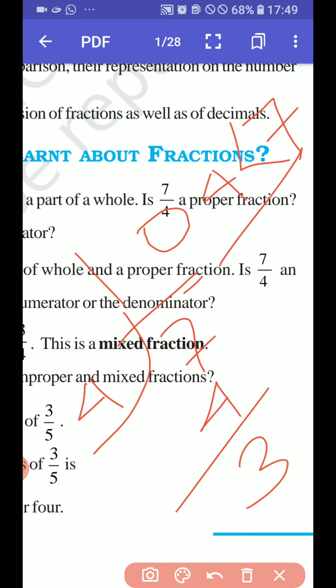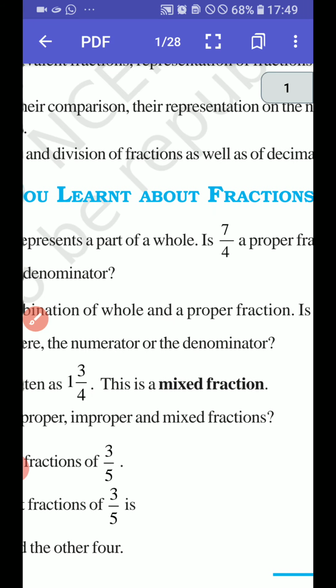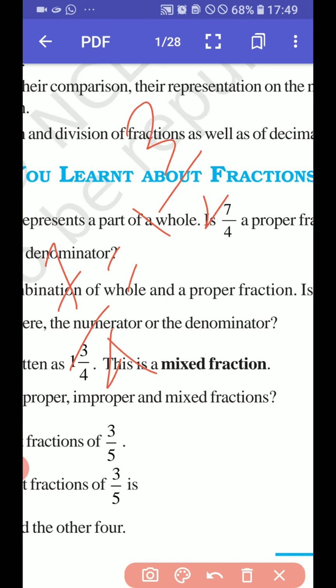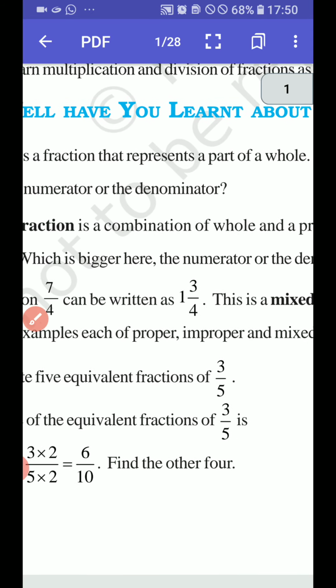So therefore 7 by 4 is equal to 1 whole 3 by 4. Here 1 is the whole number and 3 by 4 is a proper fraction. Why is 3 by 4 a proper fraction? Because 4 is greater than 3.